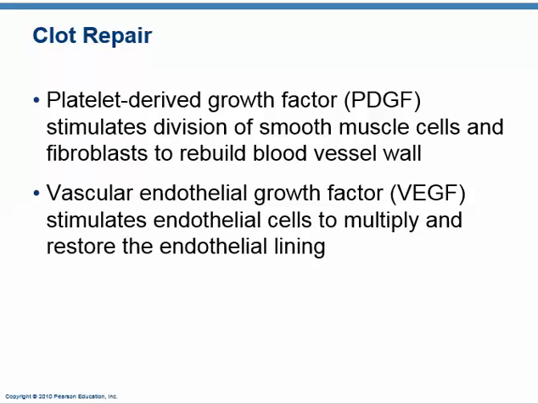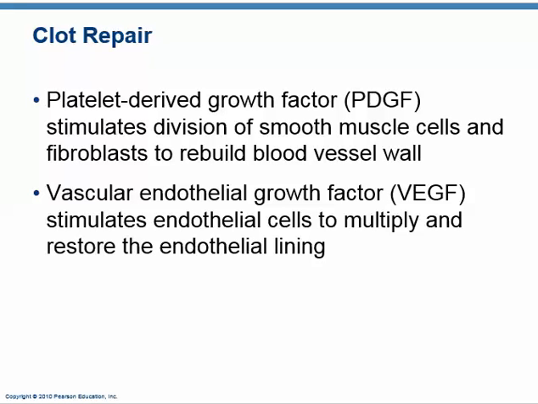So then what happens is the platelets are releasing chemicals that cause the tissue to grow, smooth muscle cells start reproducing, fibroblasts start making the adventitia, the outside coating, endothelial cells start making the endothelium grow, and the walls repair.